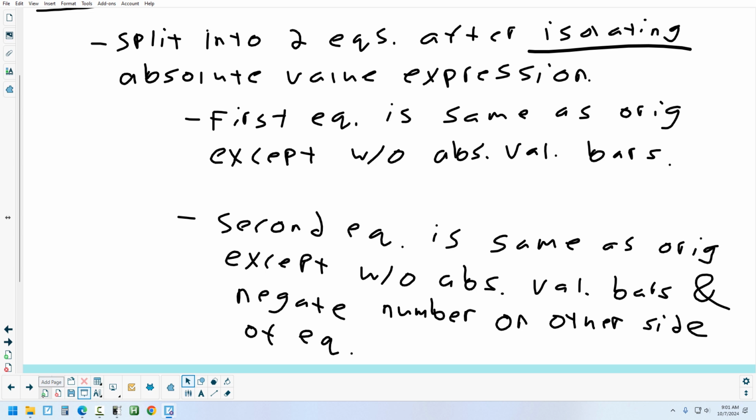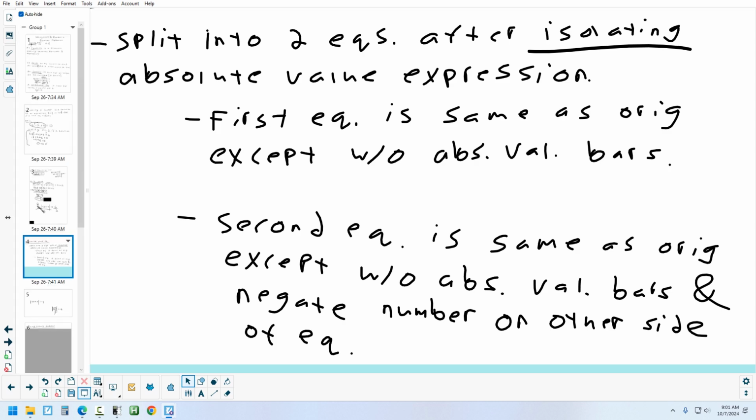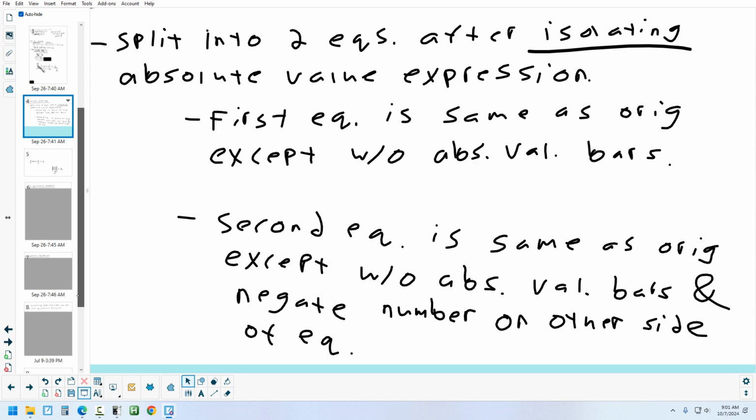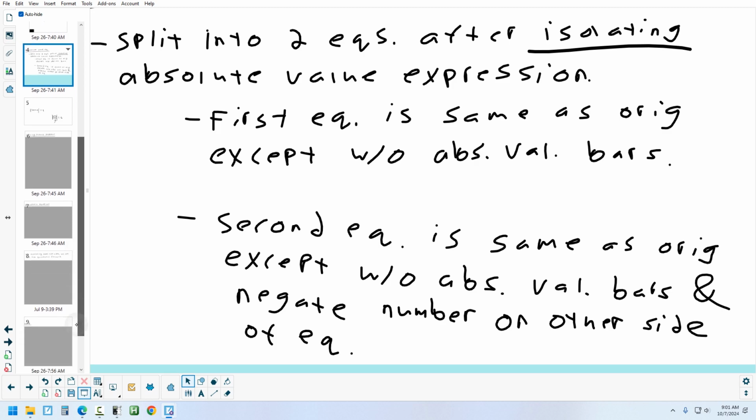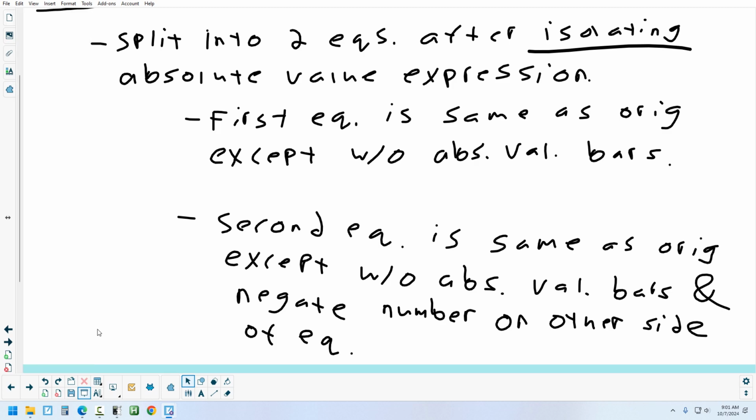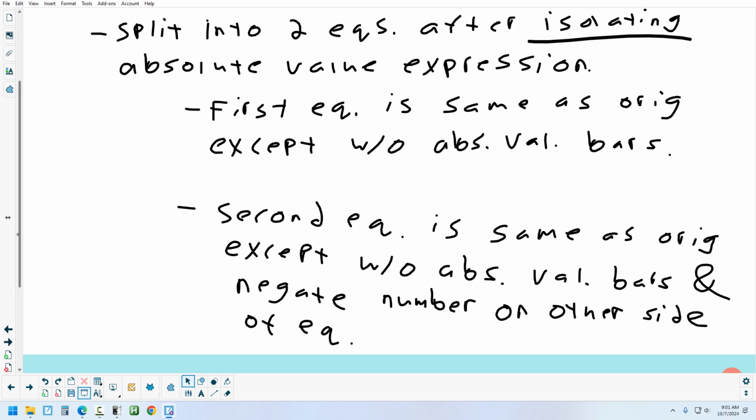But in both equations that we copy down, the bars are gone. What does this say right after value?